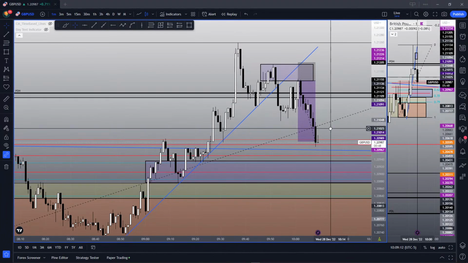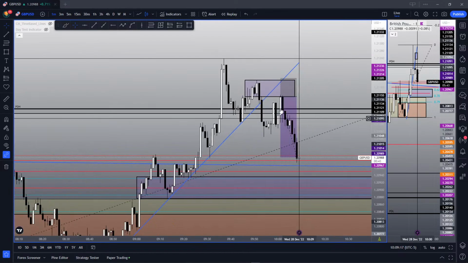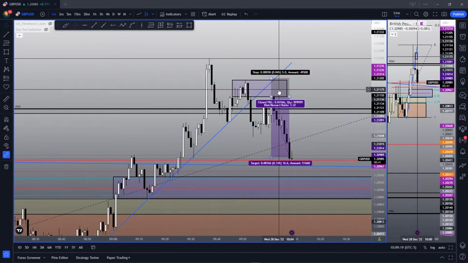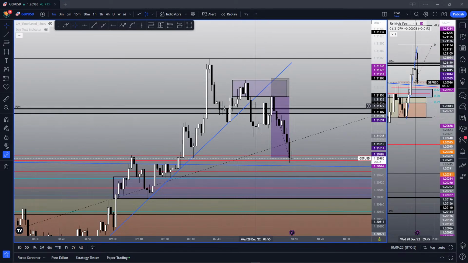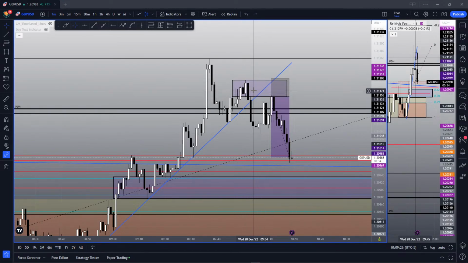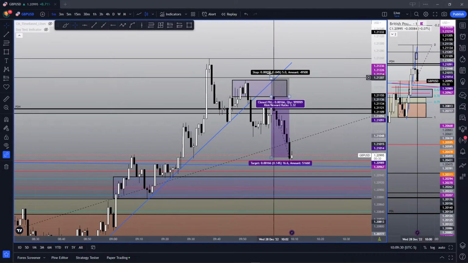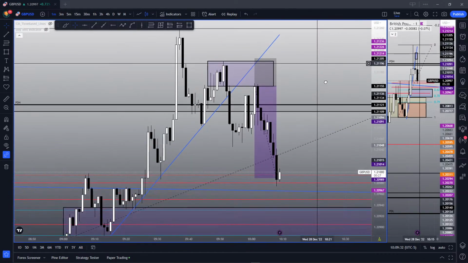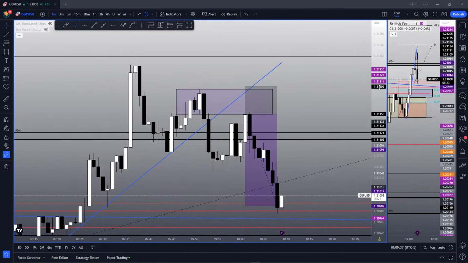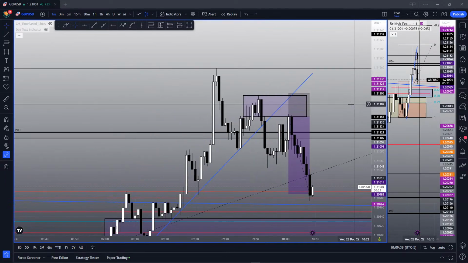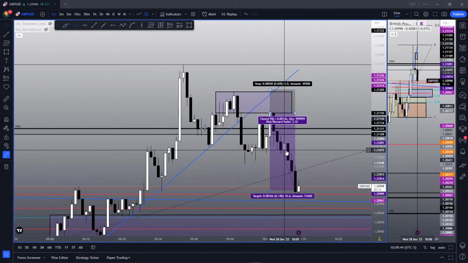The trend line has been broken, and when price comes back up and retraces around here, you can expect it to respect the 1 minute OB interest zone. At most, it's going to retrace a little bit up here, in which case there's still room for it to grow. When it comes back up over here, you don't need to wait for a confirmation anymore, because the trend line break is the confirmation.